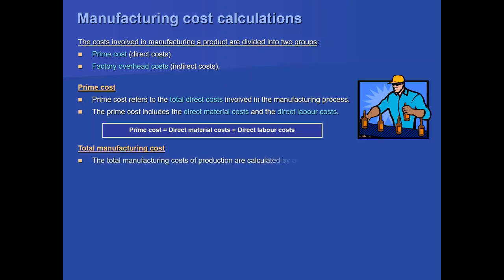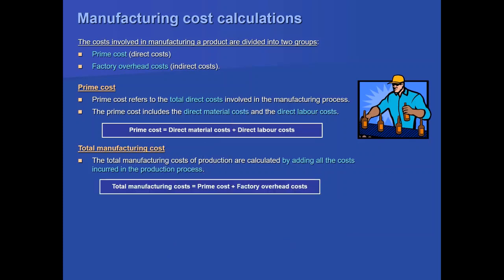The total manufacturing costs of production are calculated by adding all the costs incurred in the production process. Therefore, the total manufacturing cost in equation form equals the prime costs plus the factory overhead costs. Unit costs.